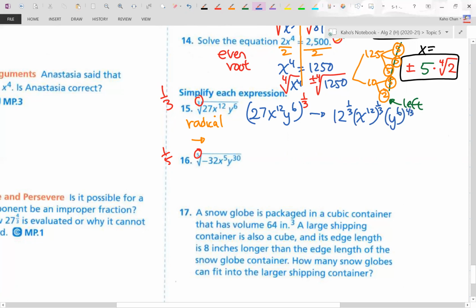Power rule. By the way, the cube root of 27, oh, why did I put a 12 there? That was weird. Forgive me. That should be 27. Awkward. 27 is breakdownable. 3 times 9 and 3 times 3, right? So it is doable. The cube root of 27 is 3.